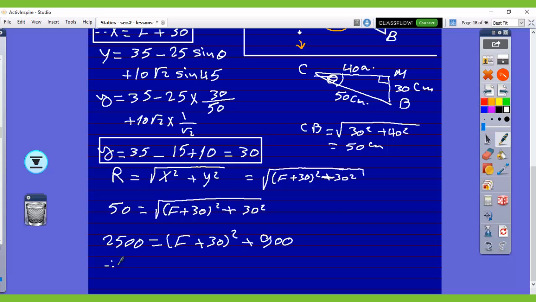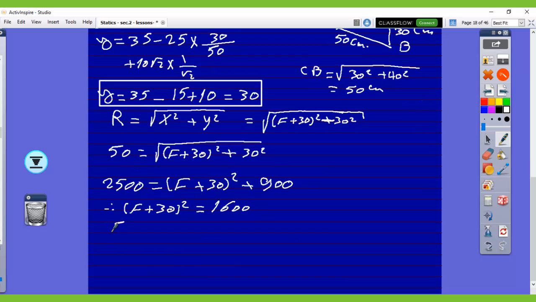It means F plus 30 all square equals 1600. So F plus 30 equals positive or negative square root of 1600, which equals 40, positive or negative.